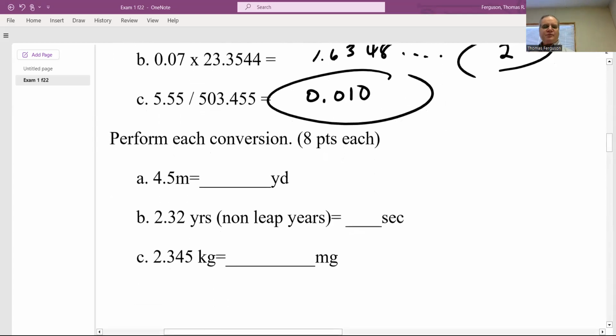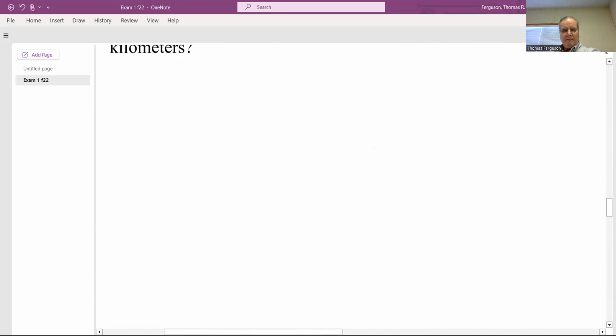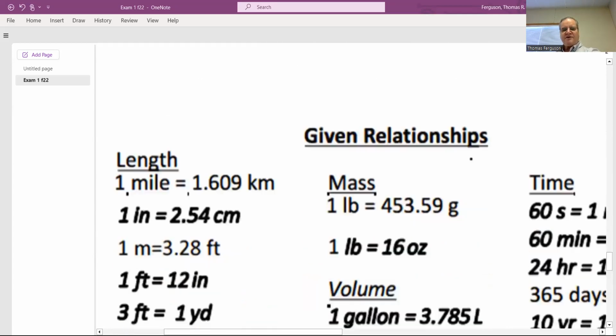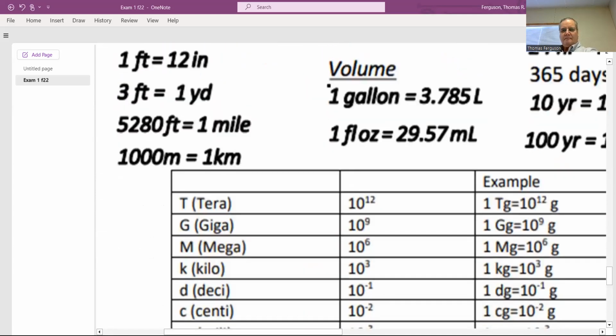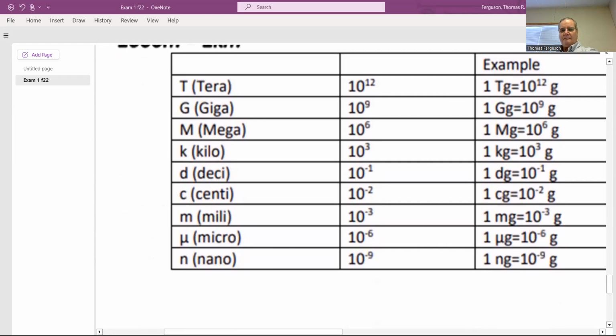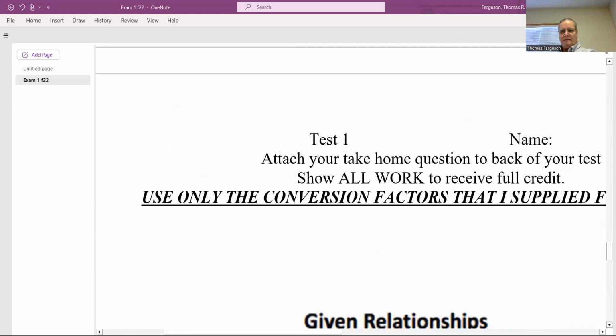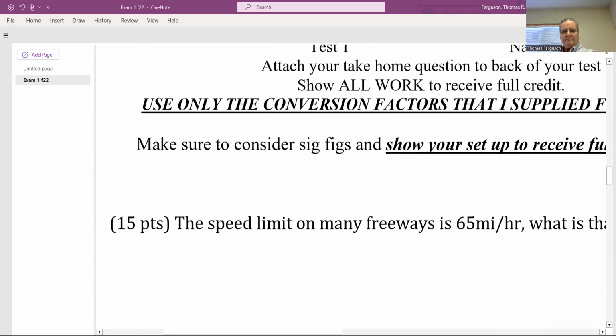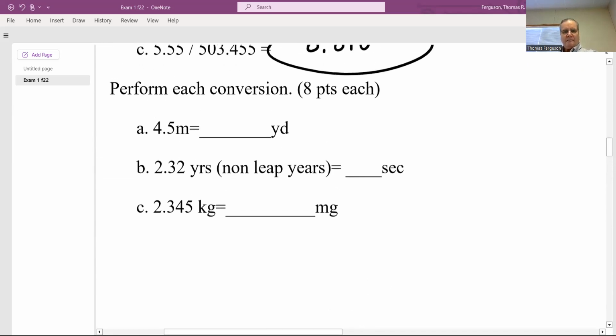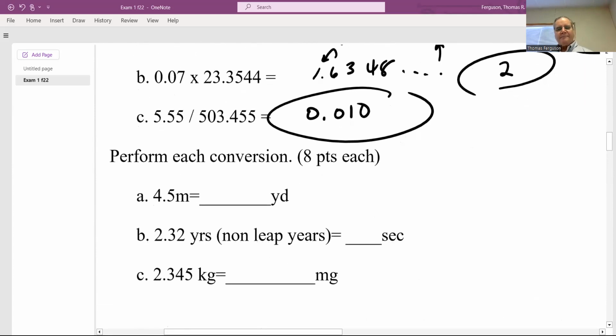Okay, so conversions, we need a conversion table, and I'm going to be giving you this conversion table for the test. Now, remember there's 4 kinds of word problems.